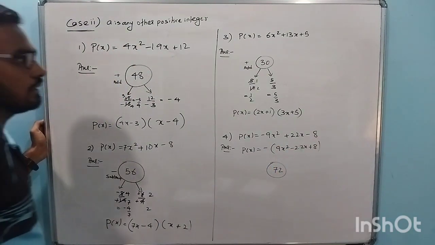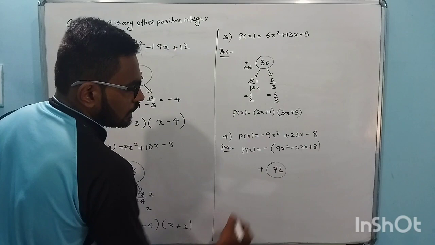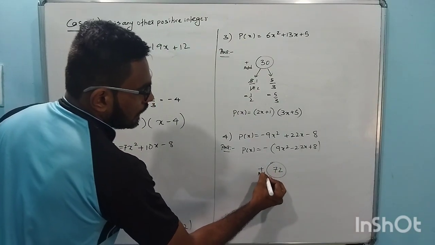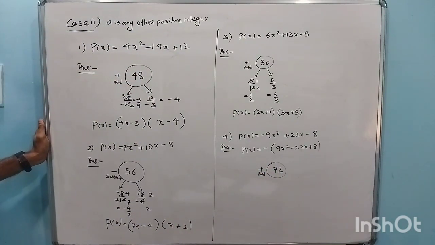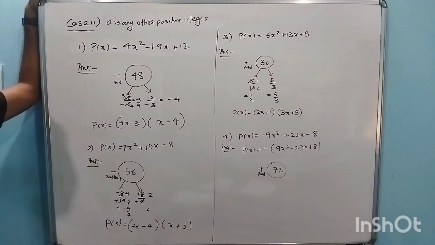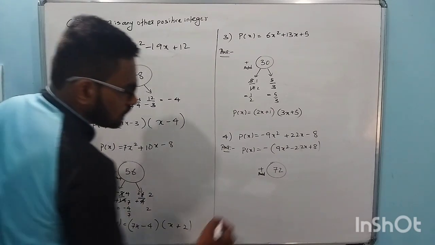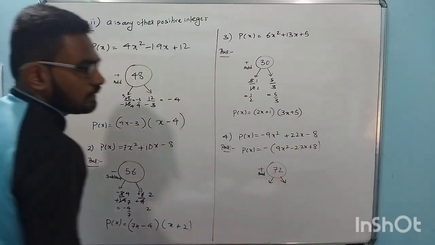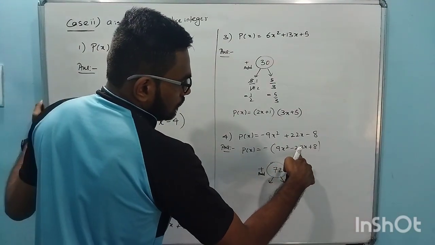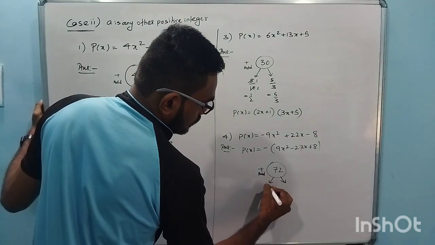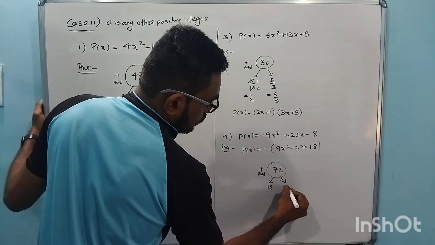Then plus here, that means if we add, we should get 22, and if we multiply, we should get 72. So which are those two numbers? 22, if you add, so 18 and 4.